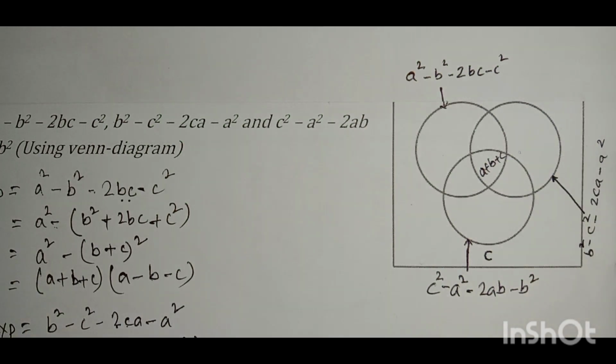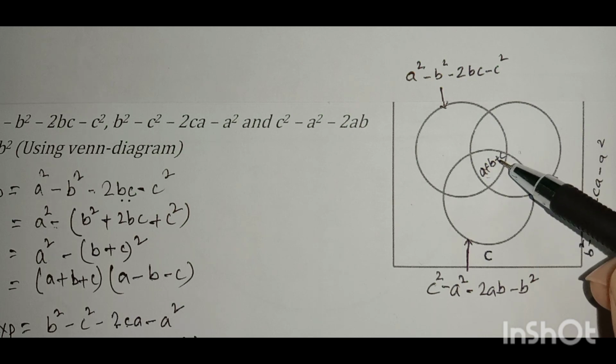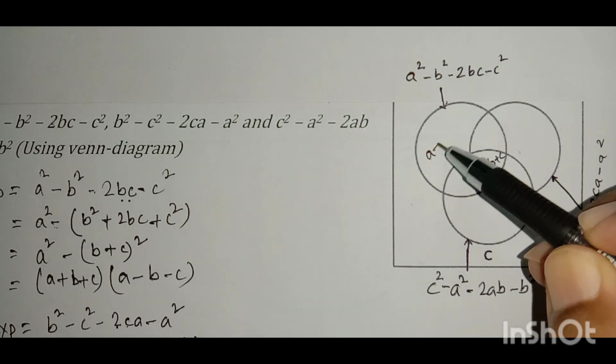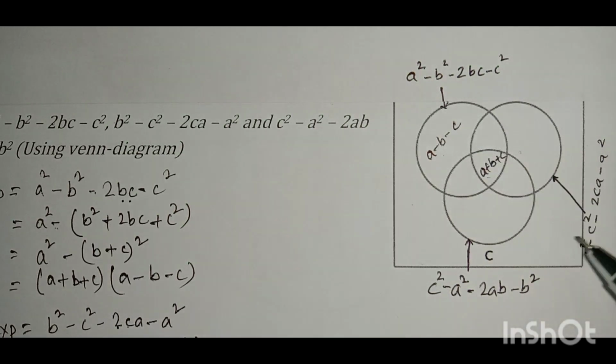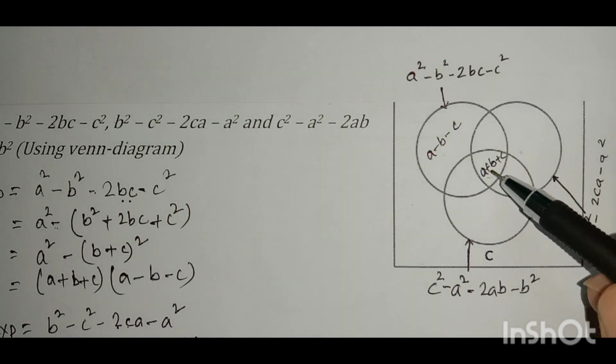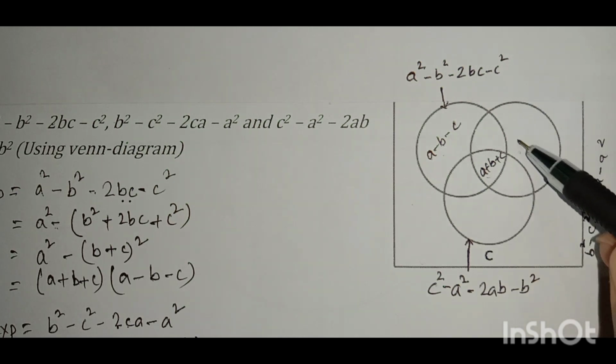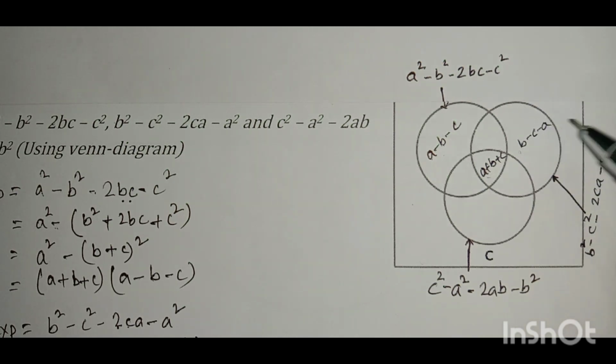And now if I check, in my first I have a plus b plus c and a minus b minus c. In the second, I get a plus b plus c and b minus c minus a.